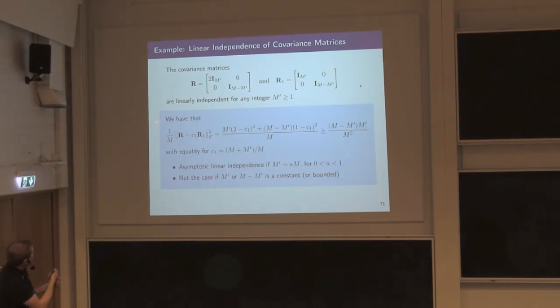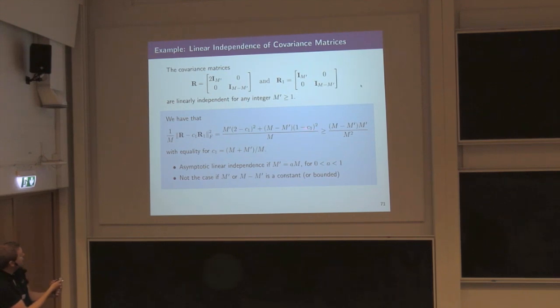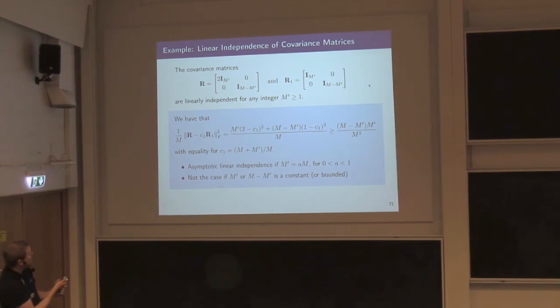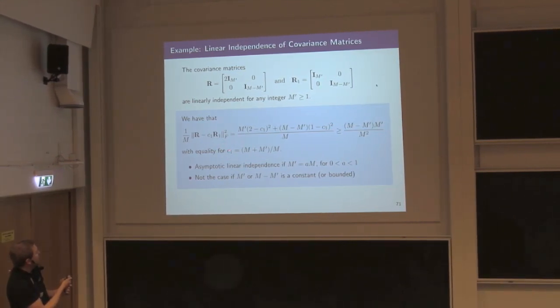Then if we compute this difference between R and R1, multiply with some scalar C1, you can expand and compute exactly what it becomes for this particular case. And you can show that this expression becomes smallest by taking the derivative if you put C1 equal to this expression here.